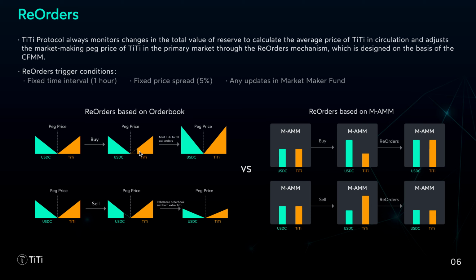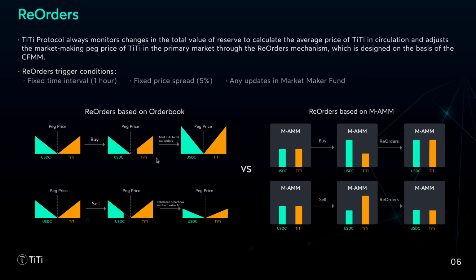When the TiTi price is bought up, there will be a gap in the order book in the selling direction. To be simple, M-AMM sold TiTi in the last market making cycle and obtained a little bit more USDC here. This part of TiTi is transferred to users and becomes the market liquidity.